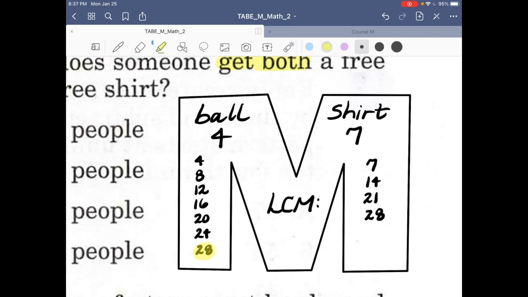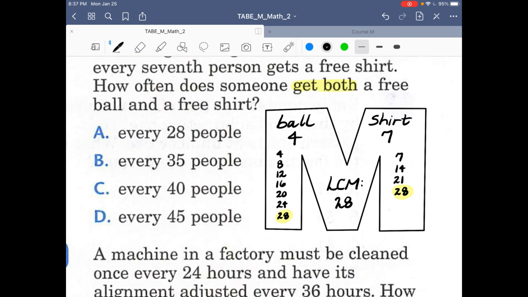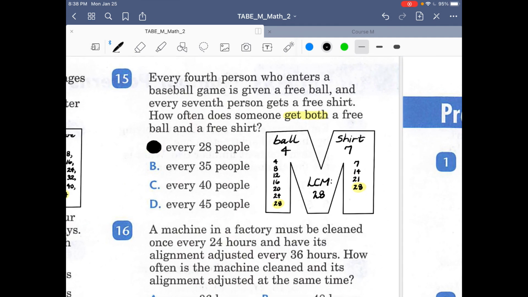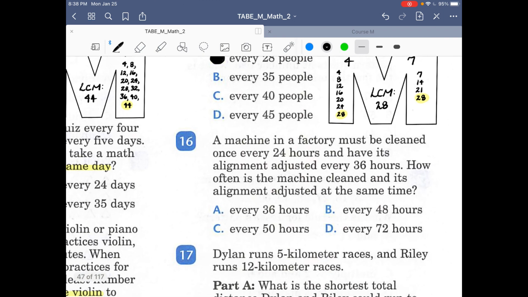So every 28th person who comes through the door gets both the ball and the t-shirt. So A looks good to me. Let's double check that. Number 15 is A. I always like to check against the answer key because I do make plenty of mistakes.